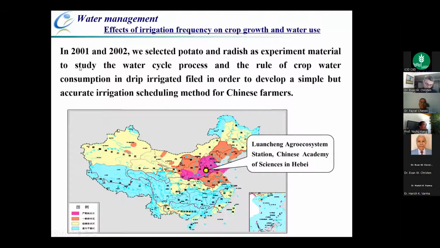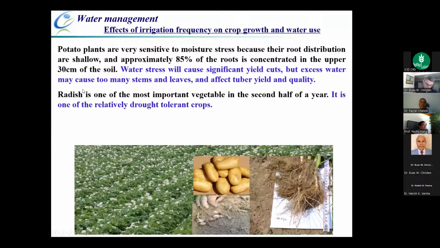And why did we choose the potato and radish? Because potato plants are very sensitive to moisture stress, because their root distribution is shallow, and about 85% of the roots are concentrated in the upper 30 centimeters of the soil.